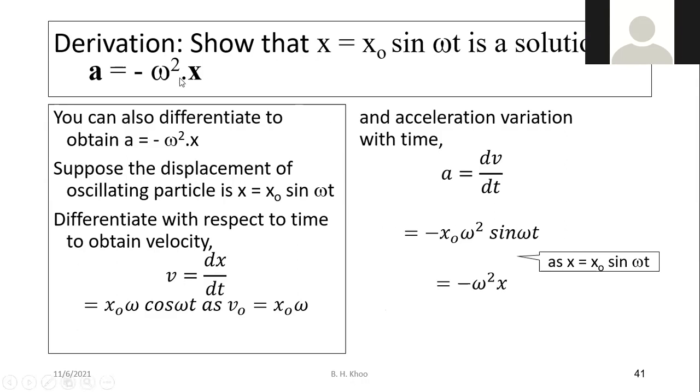They want the solution to this differential equation. There are many ways to show it. You can differentiate this one to get back this equation. Then we have shown it. First you use v equals dx over dt, then we just find acceleration, differentiating two times. First to get velocity, then to get the acceleration.